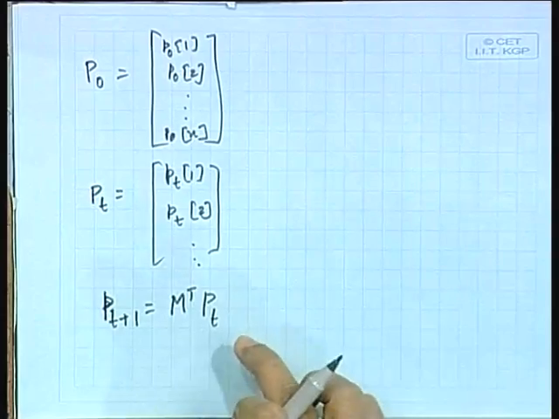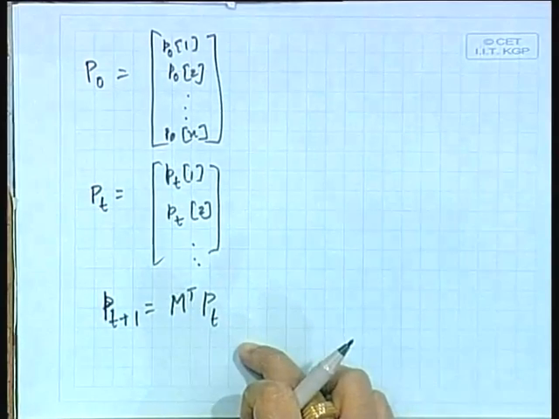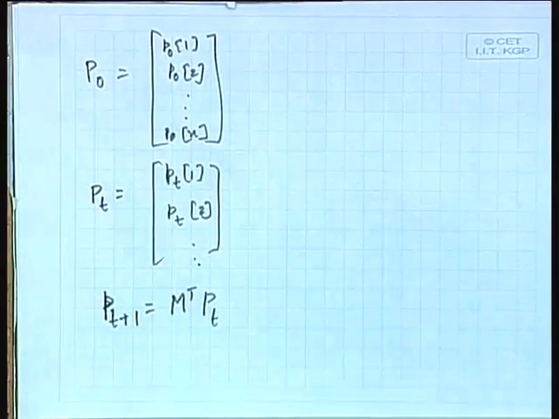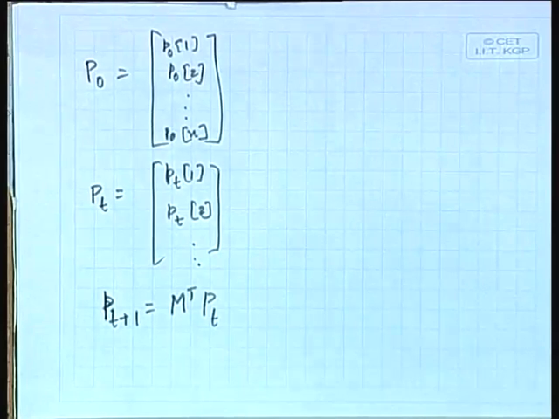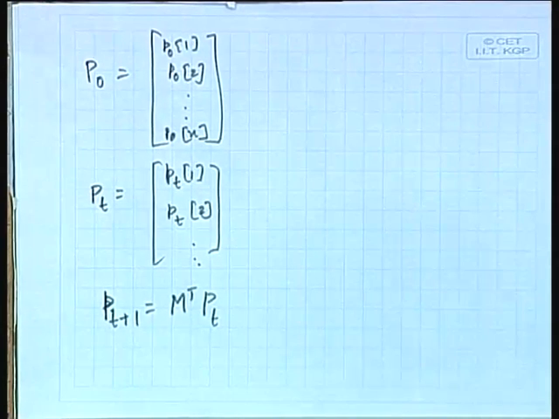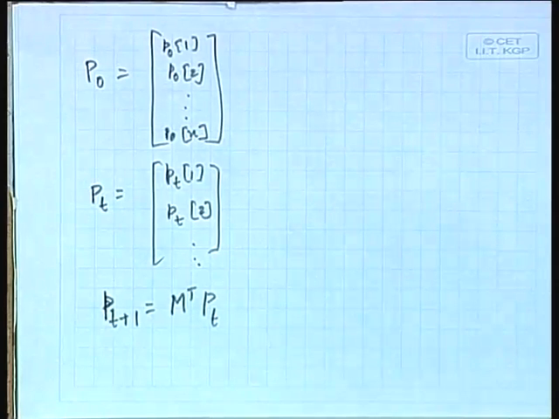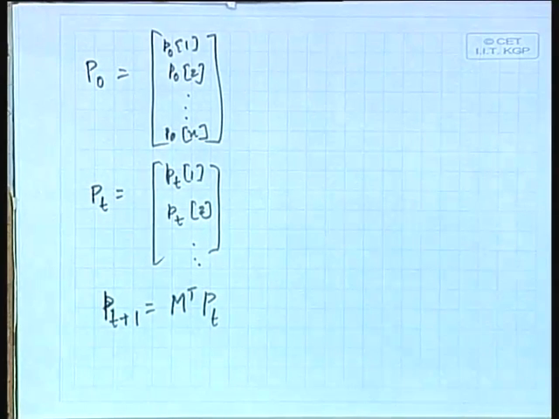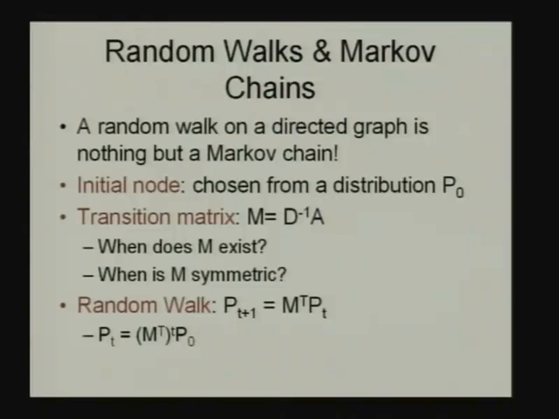Because we already derived it in the last class. So, I am not going into the details of this. We can represent it in this way. So, you could continue the recursion and ultimately write Pt in terms of P0. You multiply the transpose of M t times, that is M transpose to the power t, by P0 to get Pt.